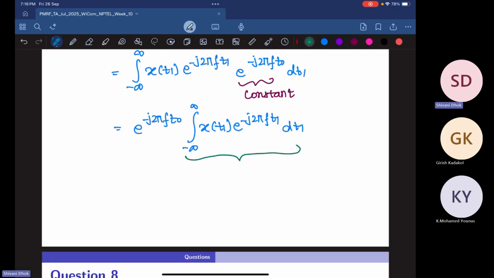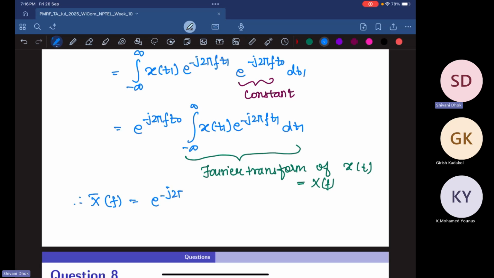And we know that this thing is basically the Fourier transform of x of t, that is x of f. Therefore x bar of f is equal to e power minus j 2 pi f t naught into x of f.